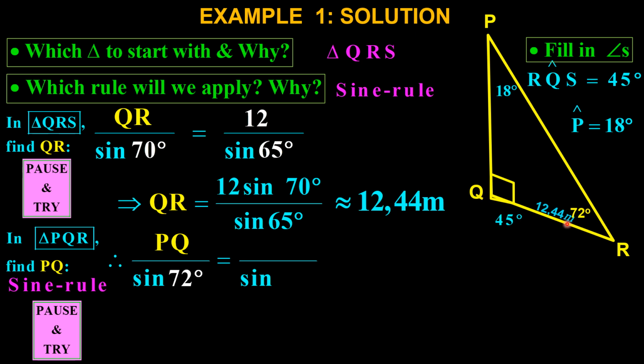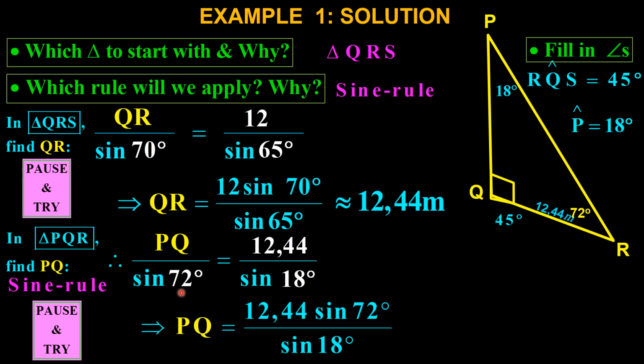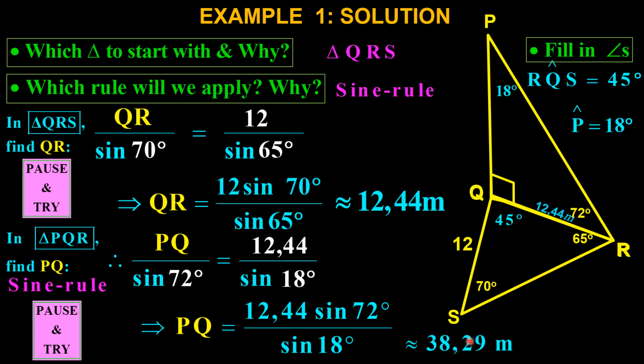And the other length, we just worked out 12,44. And 12,44 is opposite that 18. Can you see now? We needed that 18 that we worked out earlier. Instead of dividing by sine 72, we multiply by sine 72. And then it's just calculator work. And there we've got the answer, 38,29. And there we solve the question.